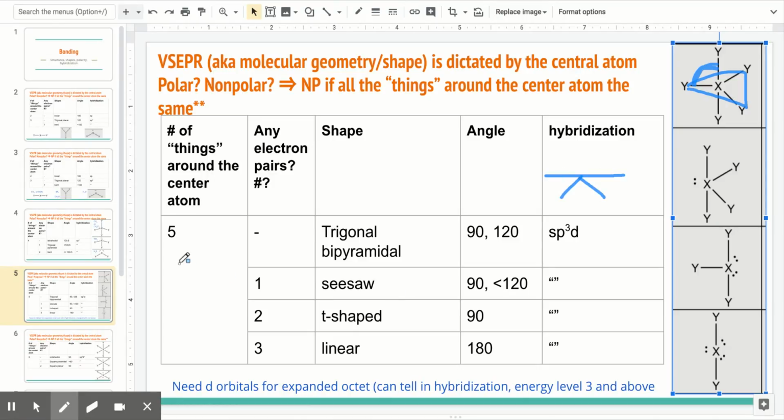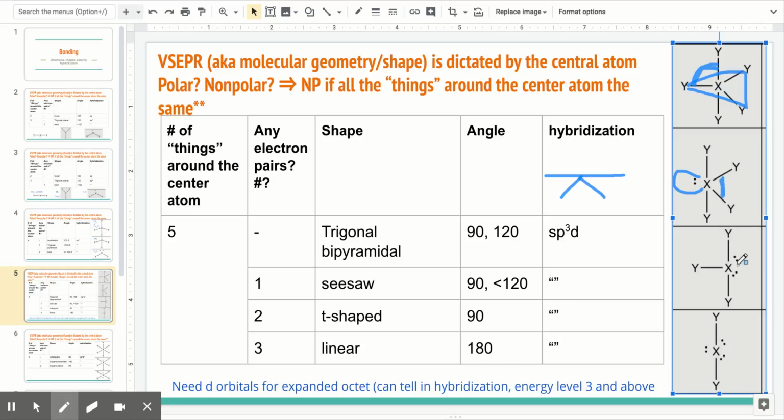Now if we have 2 electron pairs of our 5, this makes a T. So it's called T-shape. Oh, and in our seesaw, this third part of our triangle base is the electron pair. And so that's why this says less than 120, because it's pushing those away and squishing this angle in to be a little bit less than 120.